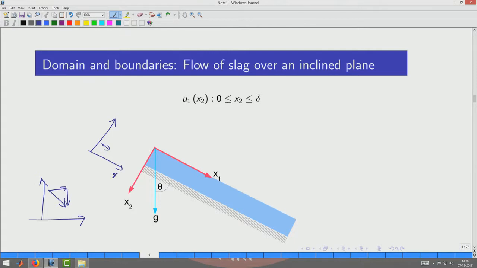So, in this case for example x and y, if I write, then the flow is only along the x direction, and then we can also choose the origin of the axis to be at the surface of the plane or at the free surface of the liquid slag. So, that is a choice that we can exercise. We are free to choose either way.